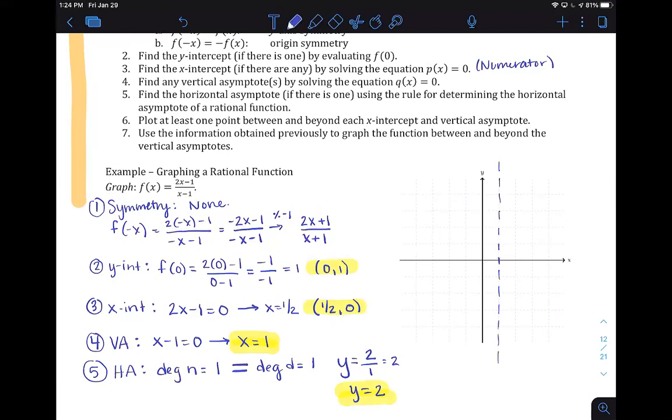And then we have our horizontal asymptote at 2. All right, we good with that? Okay, now plot your points that you know. We have a y-intercept of 1. And we have an x-intercept of a half.